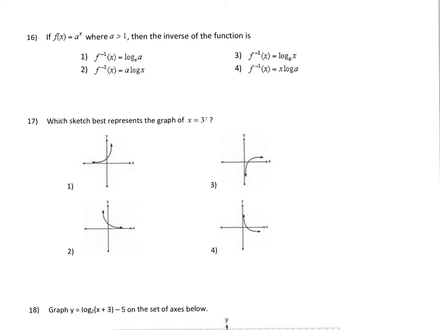Okay, if you guys look back on page 4, if you remember, the first thing we graphed was y equals 2 to the x power, right? And we said if we want to graph the inverse, on the top right-hand side of the previous page, what we did was we switched the x and the y in that equation.